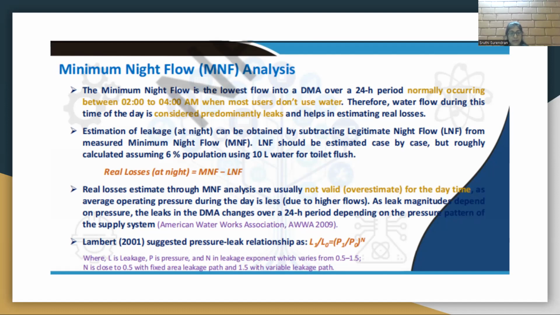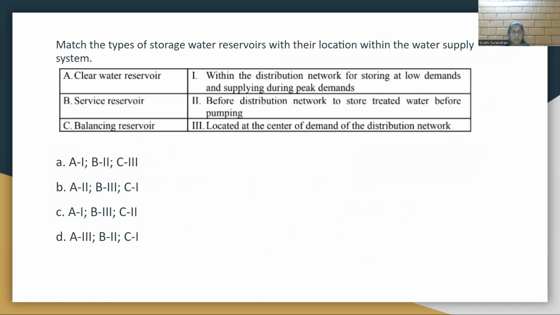And from that, using the pressure-leak relationship of Lambert, you can find out what the leakage is at a point by measuring the pressure value, given the pressures and the discharge rate of leakage. So the next problem is based on that.